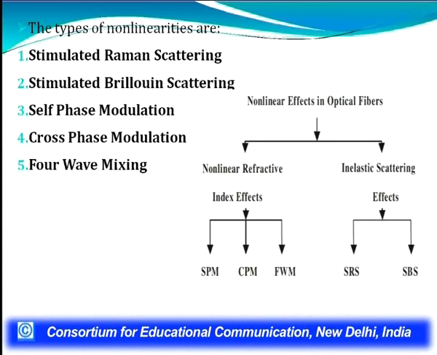Fourth is cross phase modulation, and fifth is four wave mixing. Here we see that the non-linear effects in the optical fiber are divided into two parts. First, non-linear refractive index effects. Second is inelastic scattering.